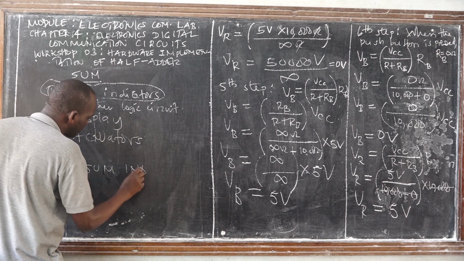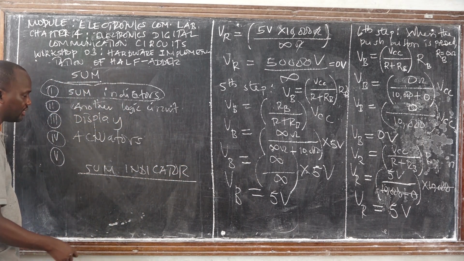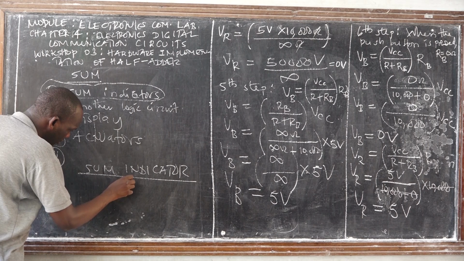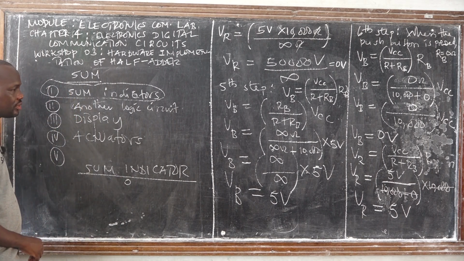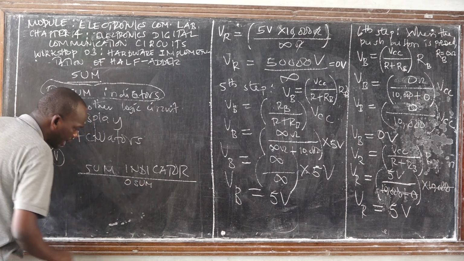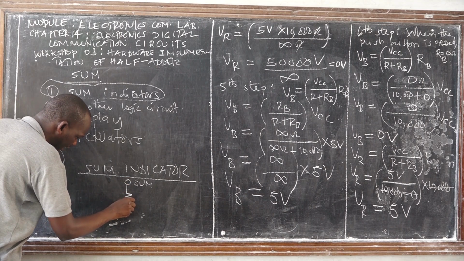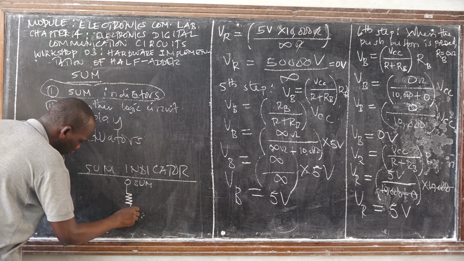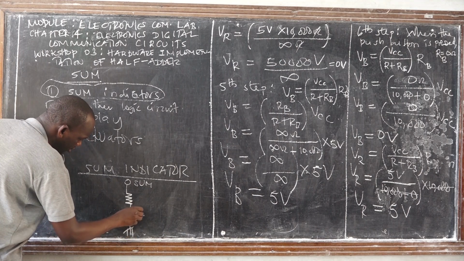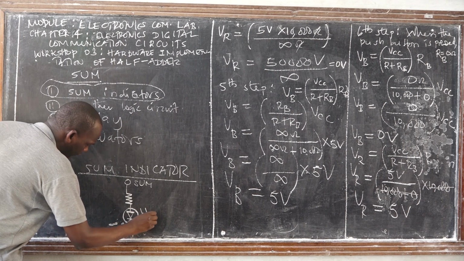In this sum indicator, we represent this as a bubble, which comes from the output of the sum, and then we need a current limiting resistor, and we may use a light emitting diode to indicate the state of the sum given by the half adder.